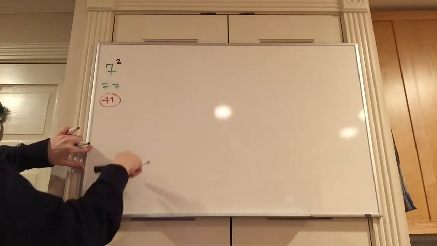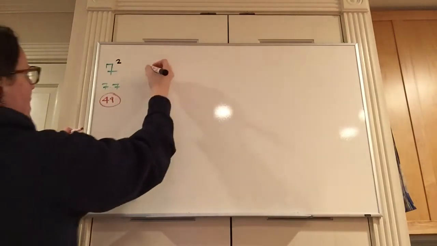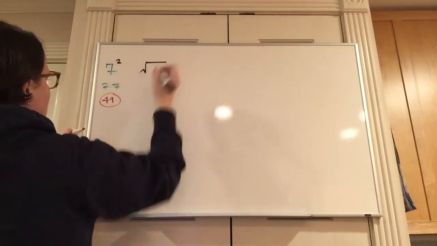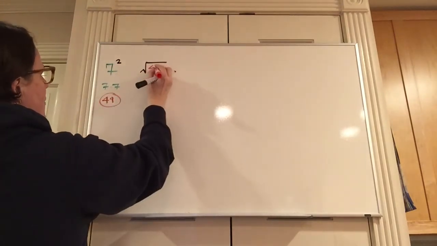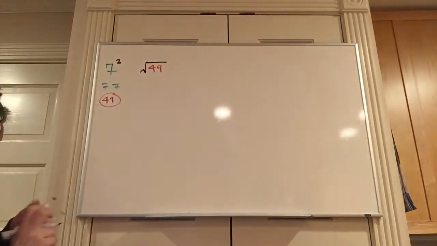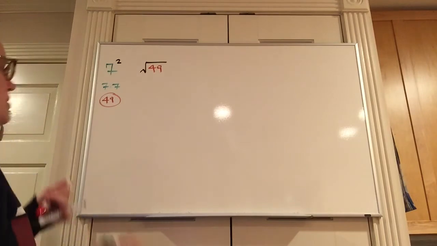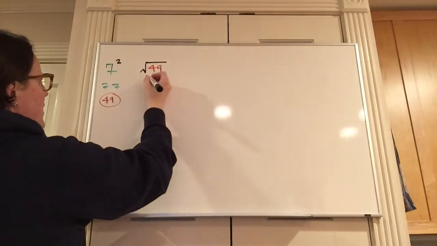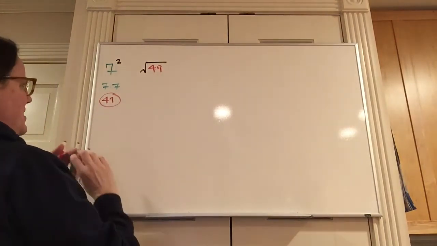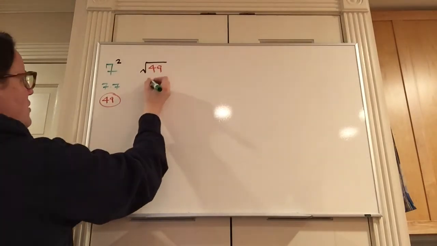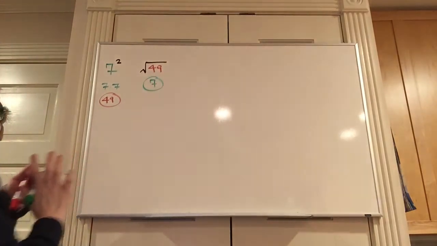An opposite problem would be, if 7 squared is 49, I could ask, what is the square root of 49? All a square root is asking is, what number multiplies by itself to give you this number? I know that 49 is 7 times 7, so the square root of 49 must be 7. And this works for anything.